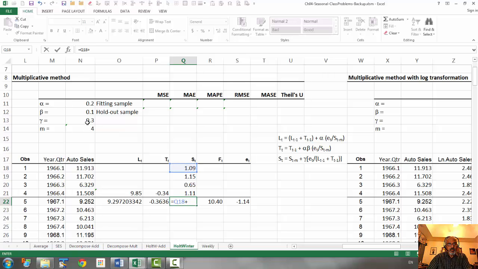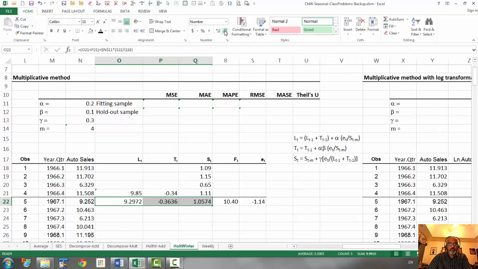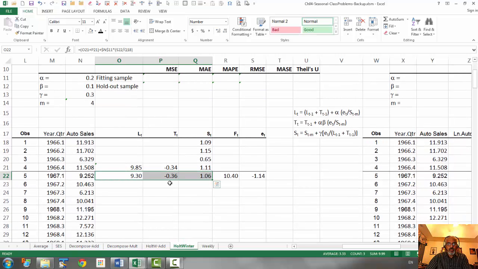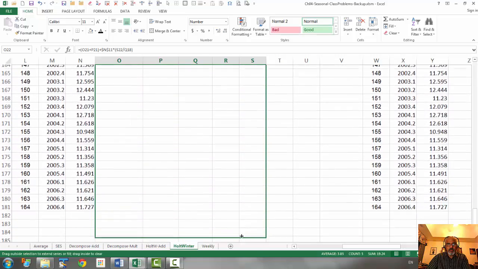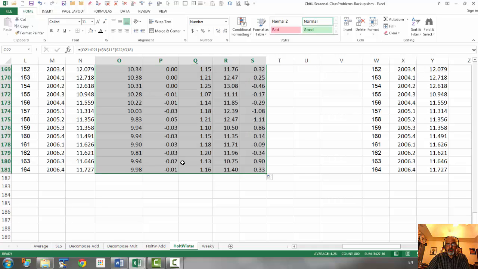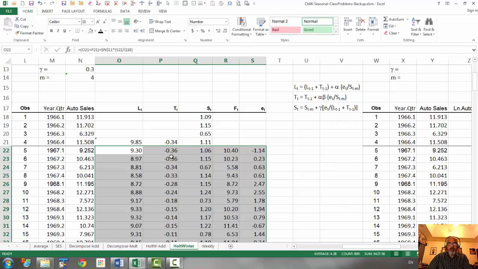Plus gamma, absolute reference that, times E divided by the sum of previous L and T. Okay, now we can copy the whole thing all the way down up to here. Okay, now we have the multiplicative smoothing set up.